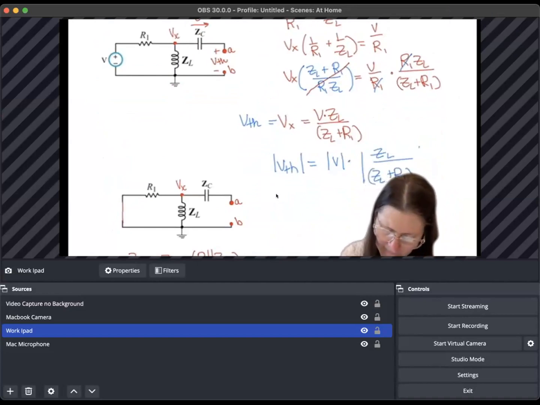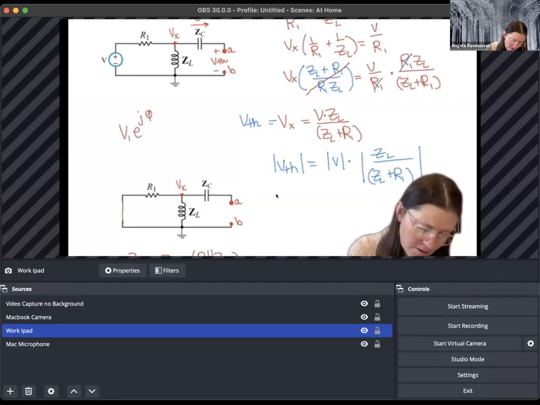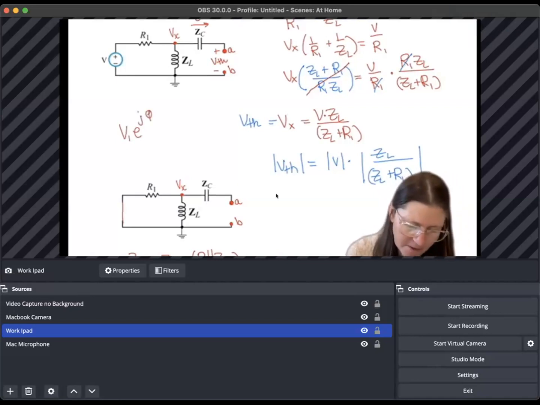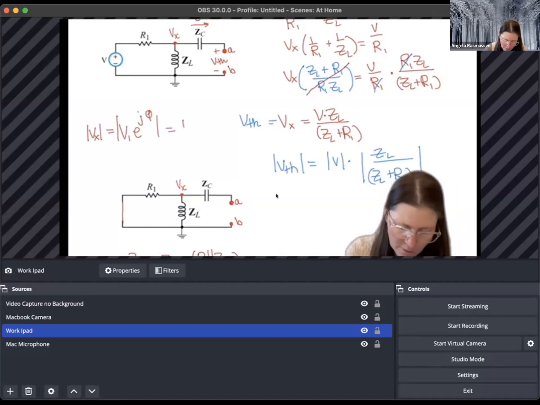So what does magnitude mean in terms of complex numbers? Do we just ignore the I, or the I gets factored in, but we take the positive value? So in polar form, the magnitude of this will be the magnitude of that, which will be V1.